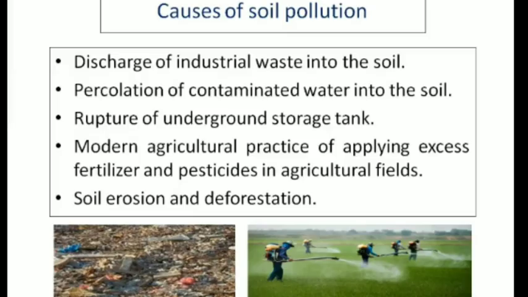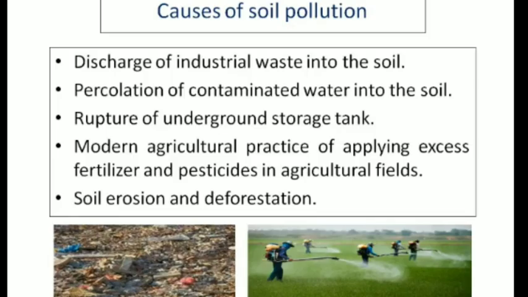And modern agricultural practices like using excess fertilizers and pesticides in agricultural fields. Farmers need to use fertilizer and pesticides only in required quantities. If they use excess fertilizers, just note down that word, excess. When they use excess fertilizers and pesticides, it will lead to soil pollution, because these may kill the earthworm.